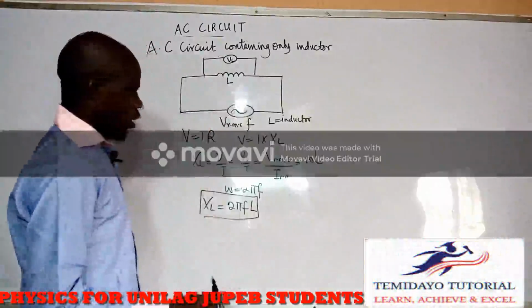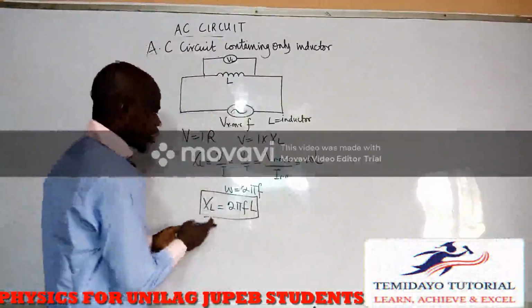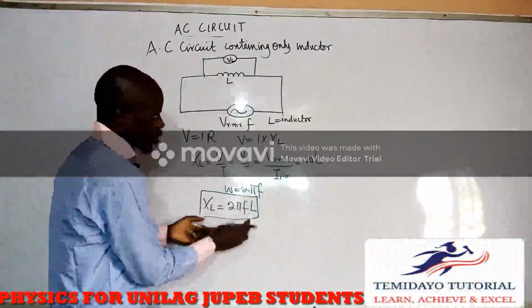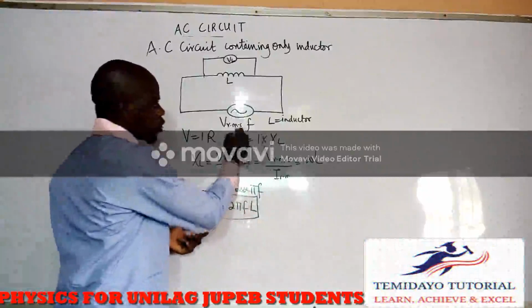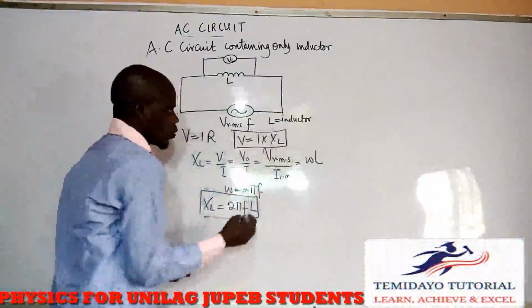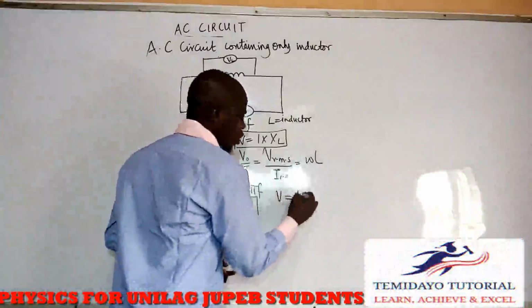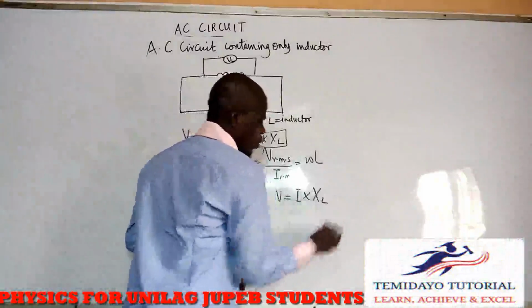And from here, we can at the same time substitute back into what we have established from this formula here. We have established that the voltage across an inductor is the same thing as current multiplied by the inductive reactance.